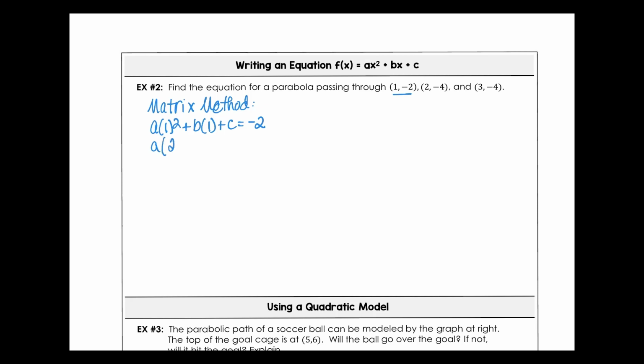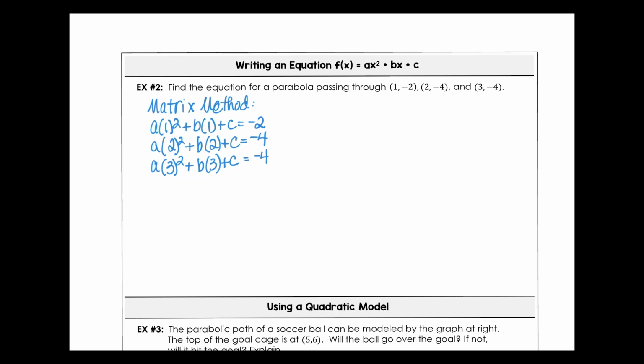The second point, A times 2 squared plus B times 2 plus C equals negative 4. That used this point. And our third equation, A times 3 squared plus B times 3 plus C equals negative 4. So you can see here there's some symmetry going on.